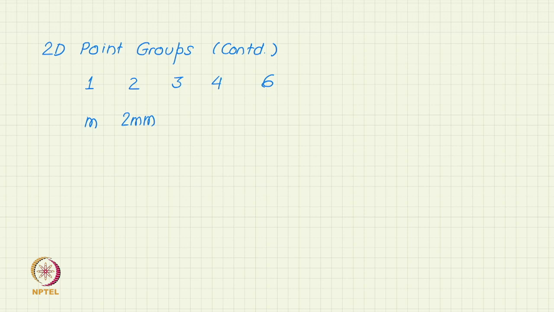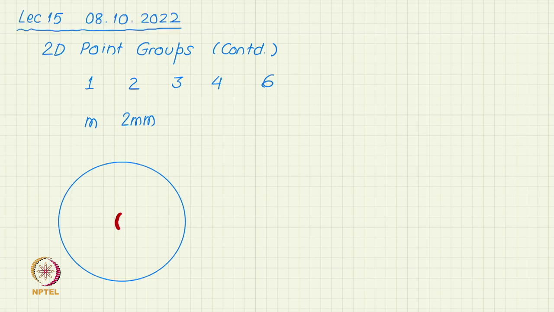turned out to be an interesting point group in the sense that if I draw the stereogram of that point group 2 mm, then you have a two-fold, and you have a mirror passing through the two-fold.